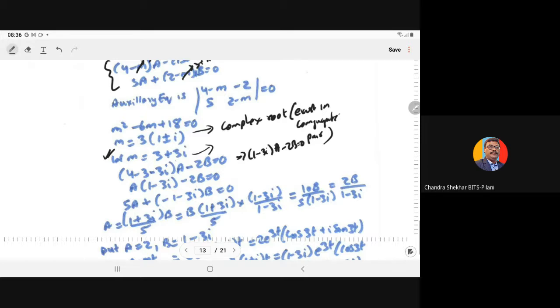If you multiply this equation by its conjugate, it will give you (1 minus 3 iota)(1 plus 3 iota) a minus 2(1 plus 3 iota) b is equal to 0.